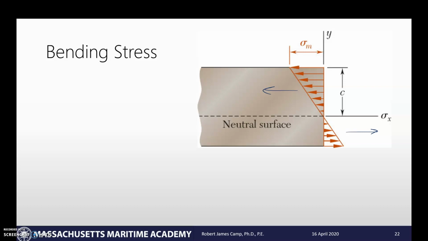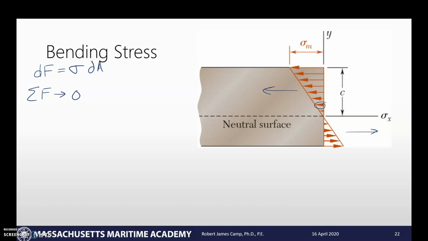So if I look at each one of these individual little forces, dF, the differential element of force, is going to be equal to stress, which is our force density, times a differential element of area.